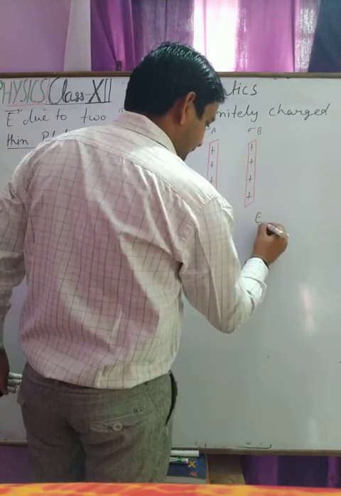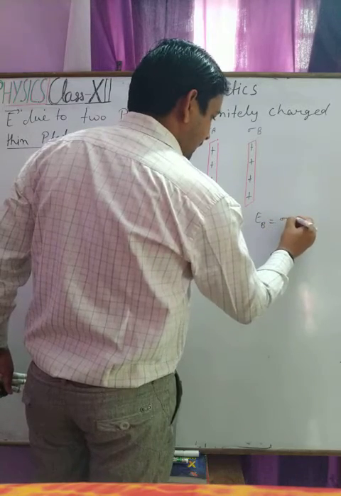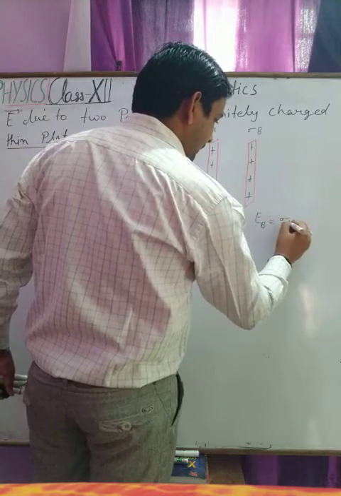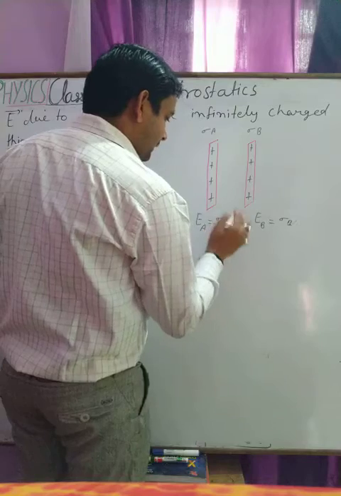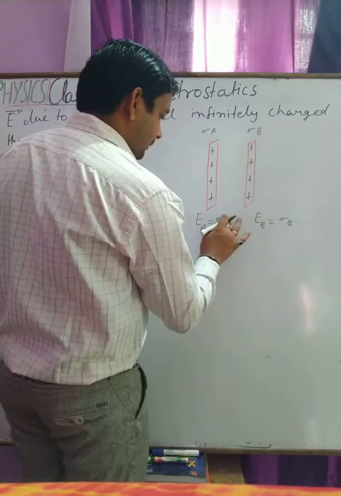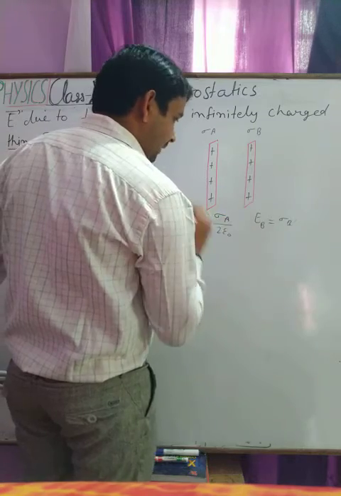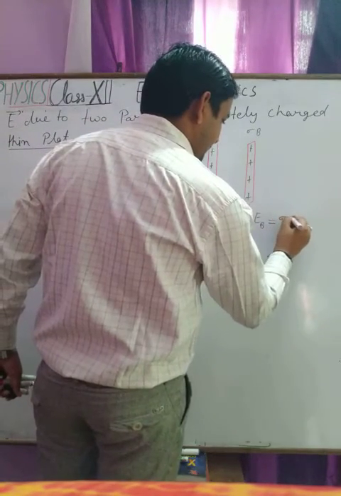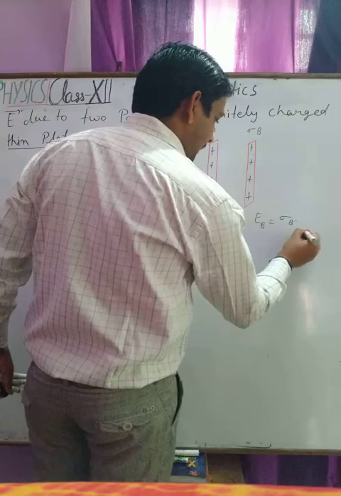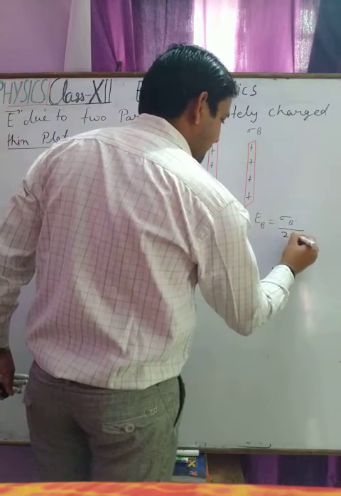the sheet B is sigma B upon 2 epsilon naught. It is clear.